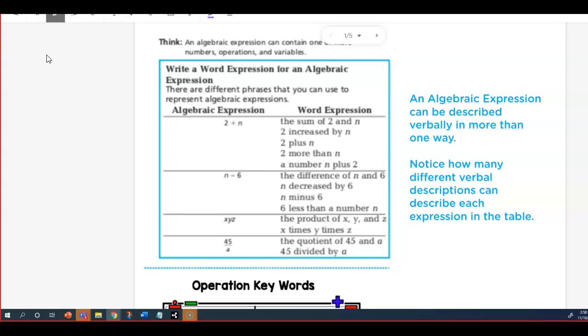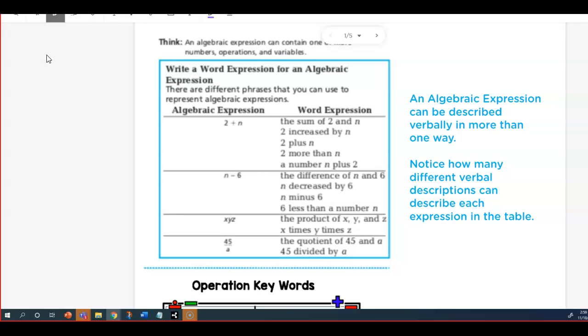All right, so first of all, let's get comfortable with using letters because we're using algebraic expressions. I put this up here because this shows so many different ways to write one expression, how they are described. 2 plus n, the sum of 2 and n, 2 increased by n, 2 more than n, or a number n plus 2.